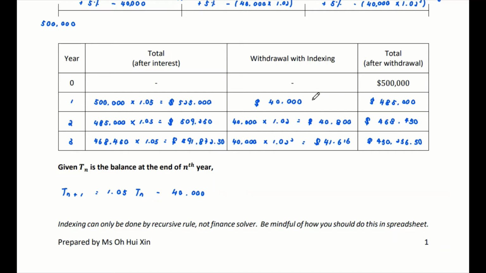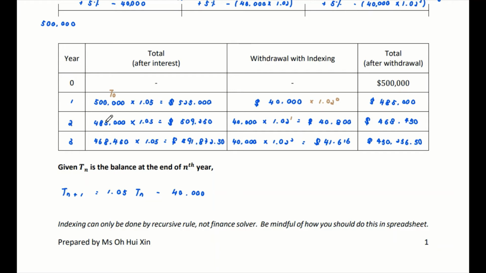So in this case, I can actually write this, because 1.02 power 0 is actually 1. So when you are doing year 1, it's like power 0. When you are doing year 2, then you multiply 1 time. T3, then 2 times. So how should you relate it to the n here? So you can see that for this one, you multiply by your T0, okay, let me try to write down. To find your T1, you use 1.05 multiply T0, right? This is your T0.